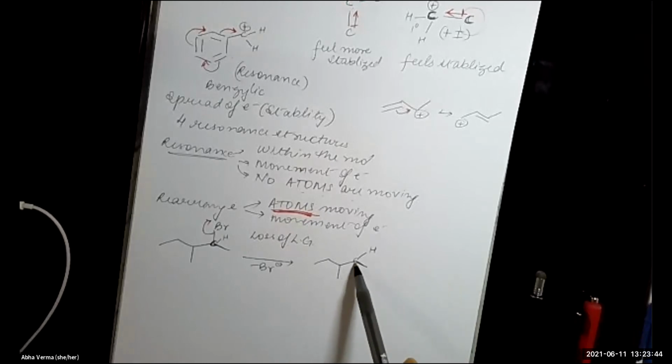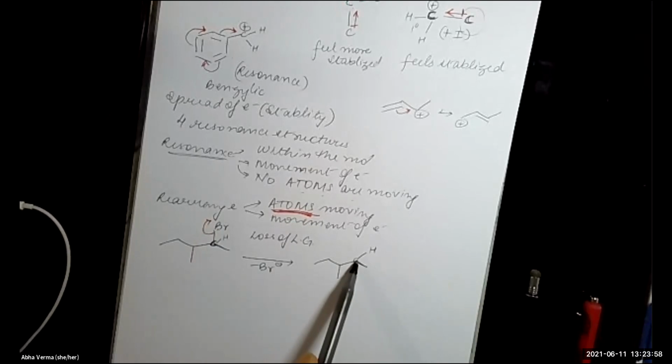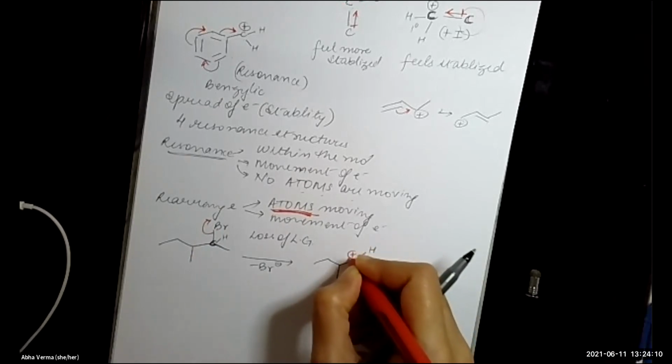I was wondering if you can tell us if this carbon is neutral or will it have some charge? I would say it's neutral. So it has lost its bromide, and now instead of having all the 4 bonds, it's going to have a positive charge. Very good. And why positive?